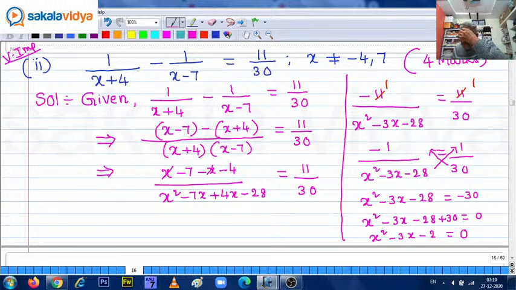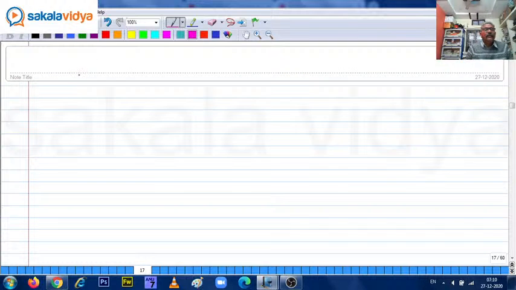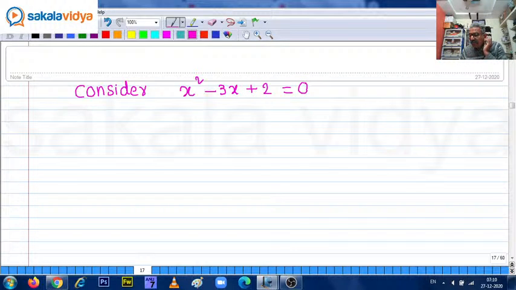Now this cannot be solved using factorization, so let us proceed with the formula method. Now consider x square minus 3x plus 2 equals to 0. To apply the quadratic formula, what shall we do now?